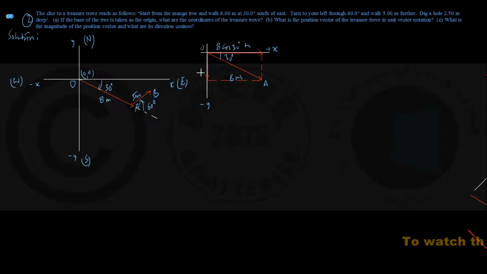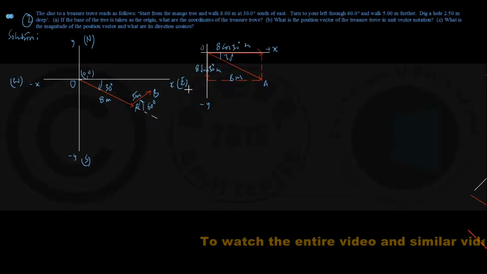Resolving the displacement into its two components as shown in my figure, if this angle is 30 degrees, we have a plus x component of magnitude 8 cos 30 meters, and a minus y component of OA, that is 8 sine 30 degrees meters.